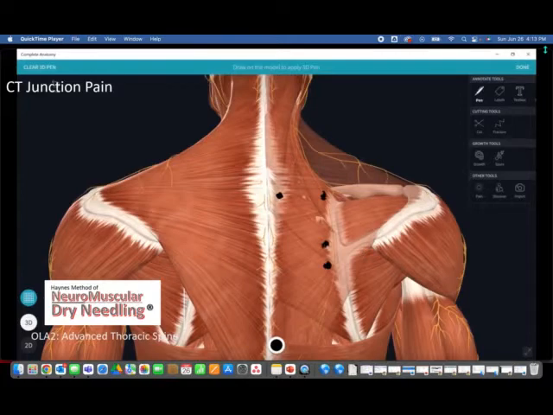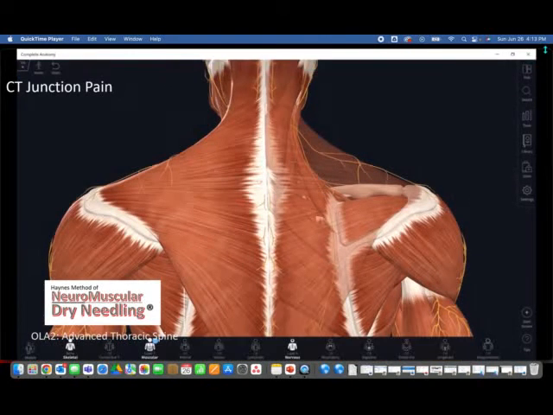I actually could have brought rhomboid minor up just a little bit. As you can see, serratus posterior superior is also going to be in line with rhomboid minor. So those three locations for our secondary locations.